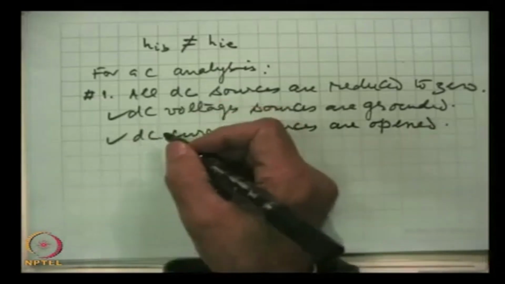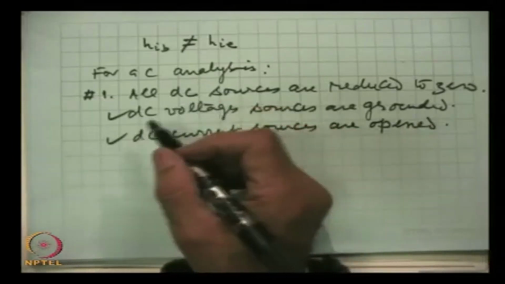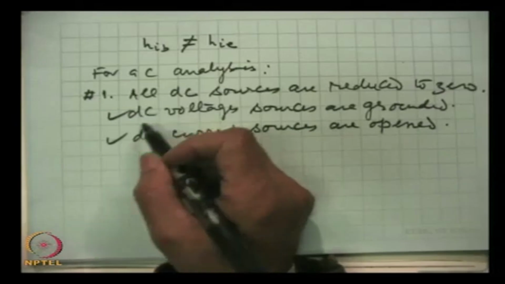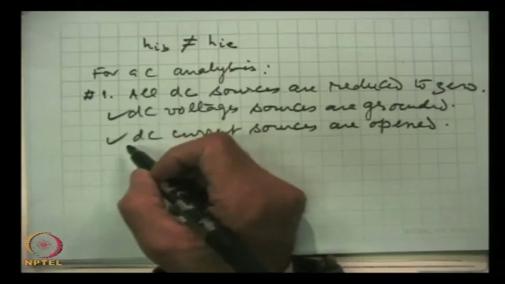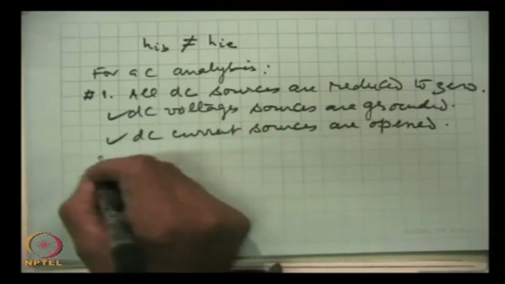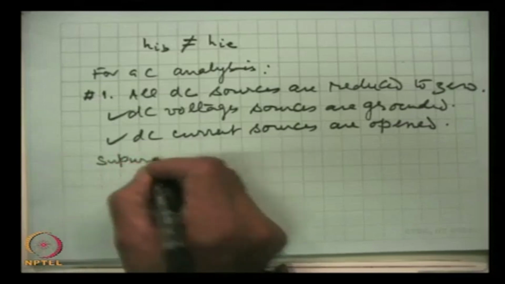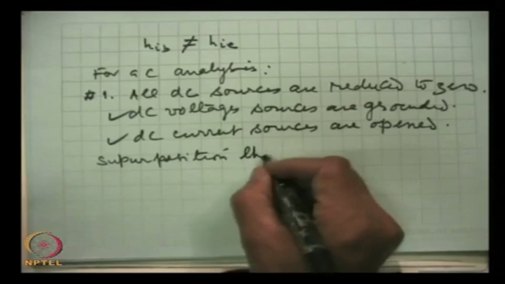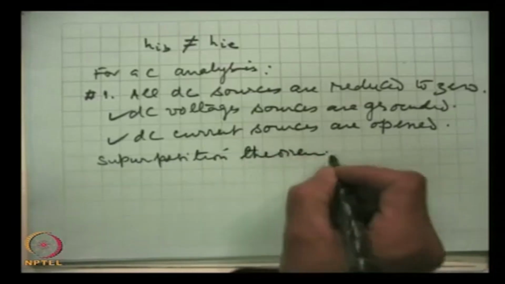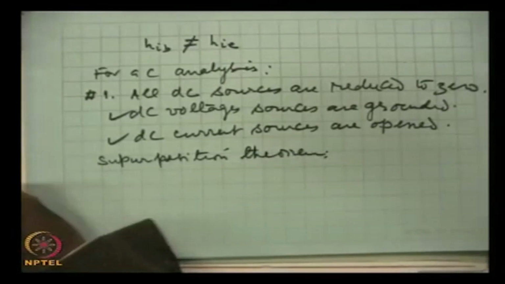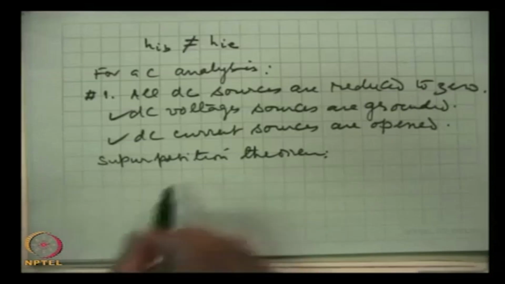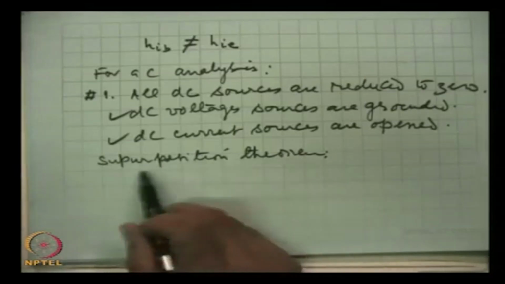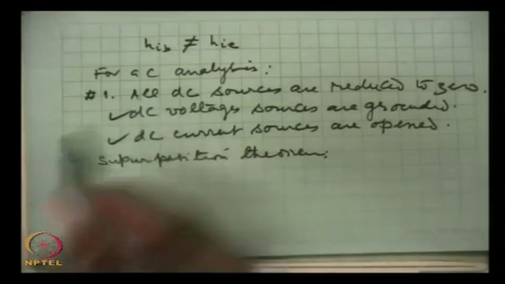This is the rule of the analysis, and of course, when we want to know the effect of this DC, we can use the superposition theorem. Superposition theorem is very widely used in the analysis of electronic circuits, and this we will see when we come to this point. So, this is the first point.